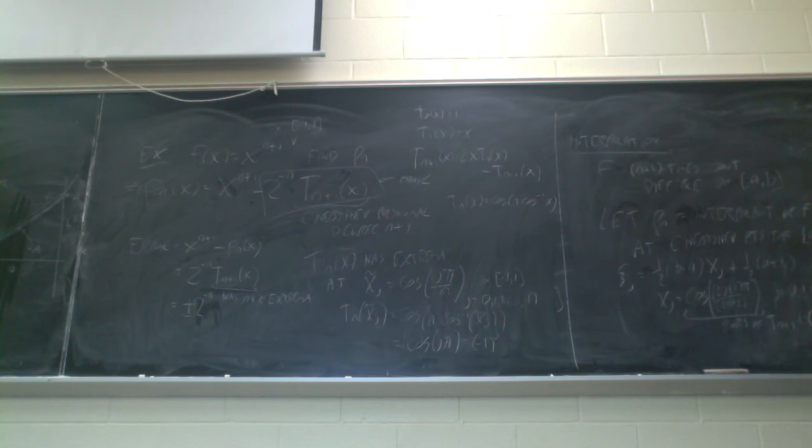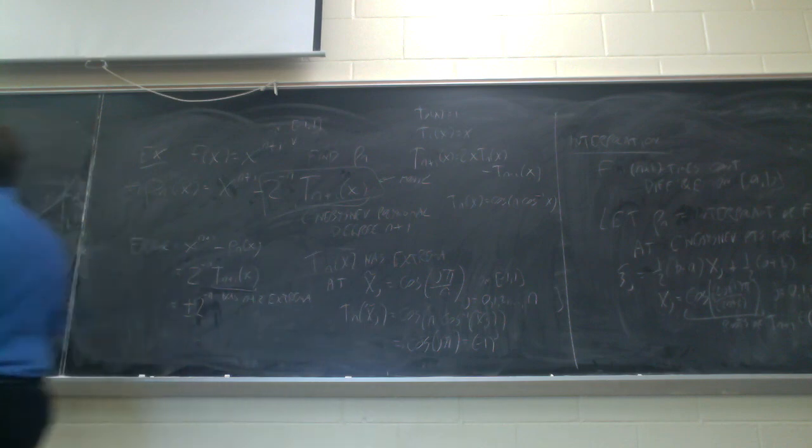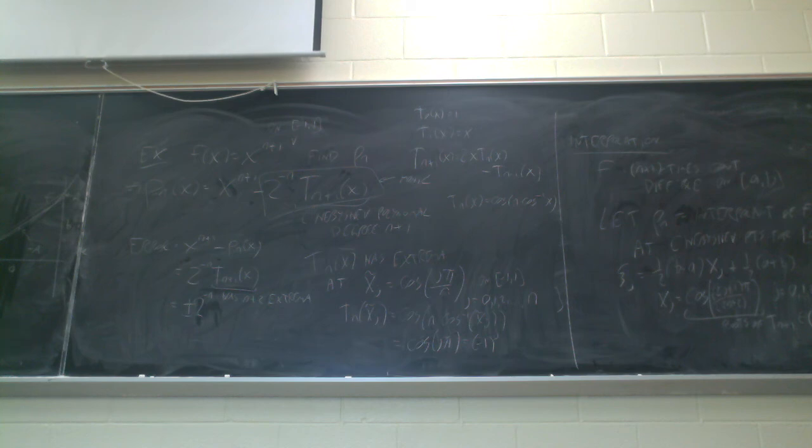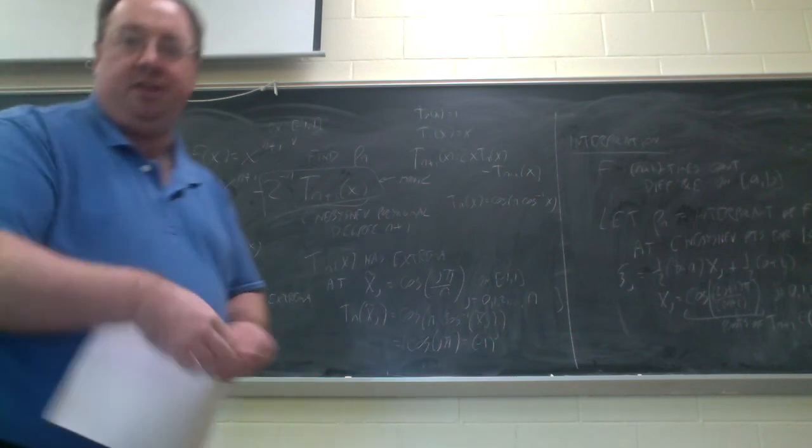Now, what is the error in this approximation? Because we're using a formula that, if you've been doing any of the chapter 6 problems, you've been dealing with: the Lagrange interpolation error. And that's what we're using here. Okay, I think I can do this in 5 minutes.